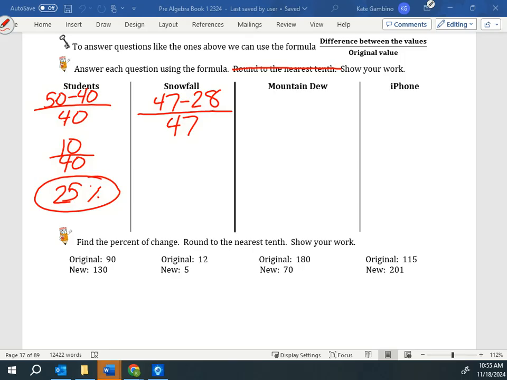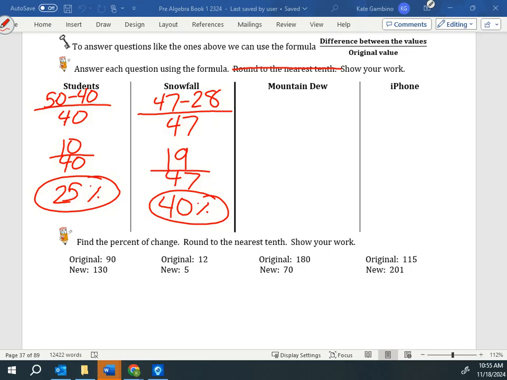Hadley? 19 divided by 47 gives me what percentage? Beckett? 40%. Do we have to put our percentage sign? Yes. 40 is very different than 40%. You have to put the percentage sign to get it correct.